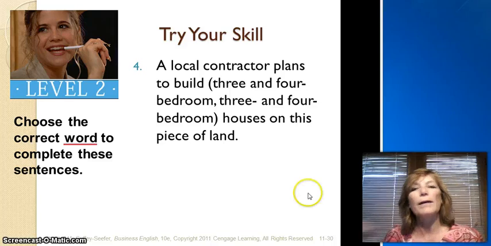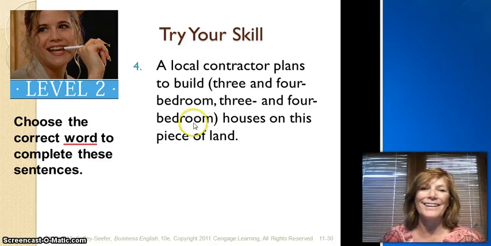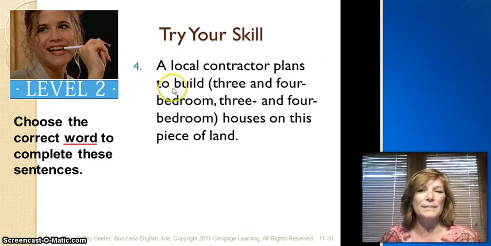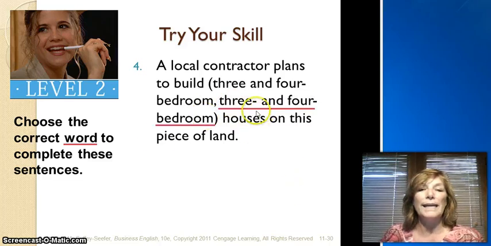Okay, this is hyphens, do they matter? A local contractor plans to build 3 and 4 bedroom, or 3-hyphen and 4-hyphen bedroom houses on his piece of land. Well, for this one, we would use the 3- and 4-bedroom with the hyphens because this is a type of houses and it's modifying the noun houses, so it needs to be hyphenated.